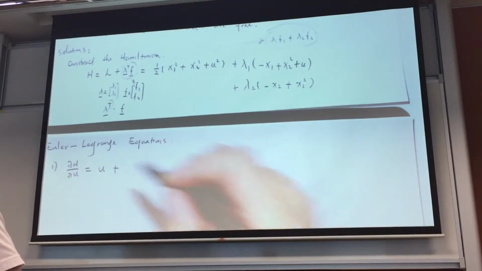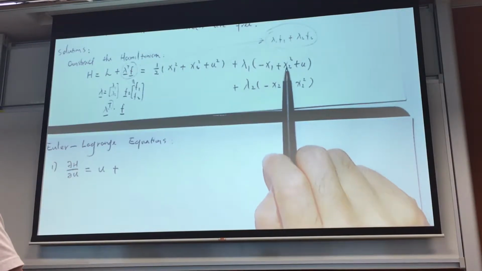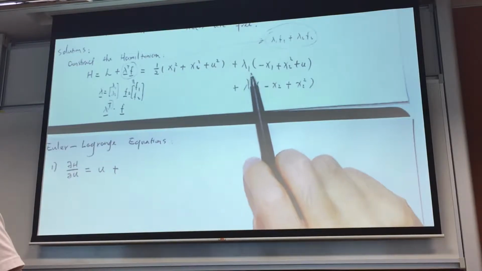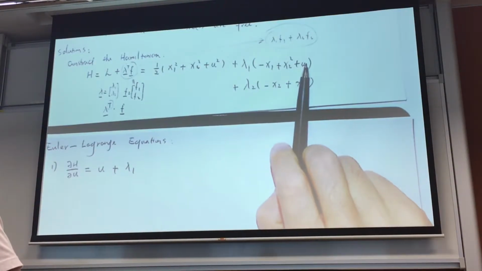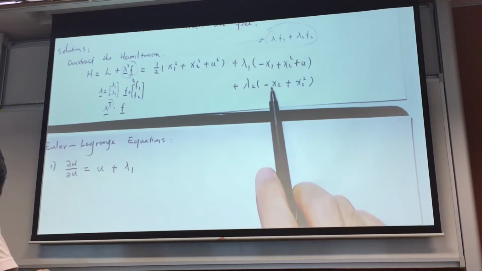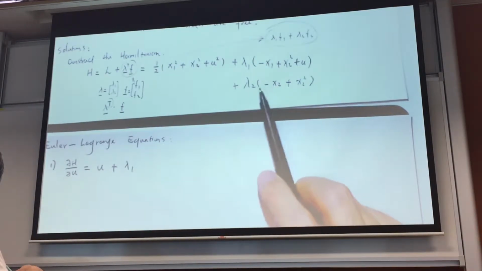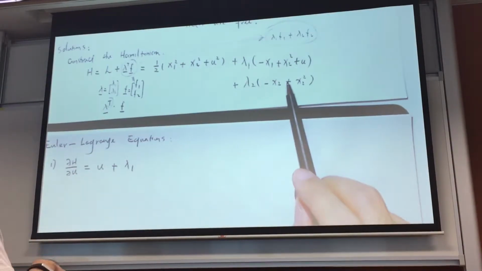Then for the lambda 1 term, x1 is 0, x2 squared is 0, and u gives 1, so this becomes lambda 1. For the third part, it's only related to x2 squared, so the derivative in terms of u will be 0.